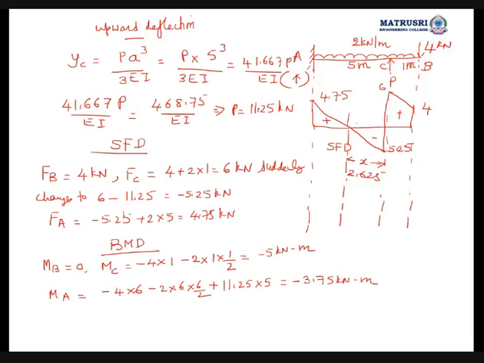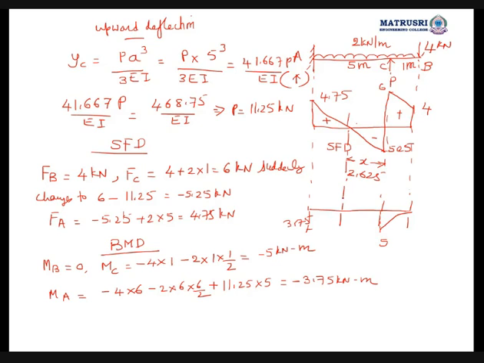Kilonewton meter. Now you can draw the bending moment diagram. So MB is 0, MC how much did you get? This is 5, because this is UDL, so take a parabola. Then M of A is 3.75.